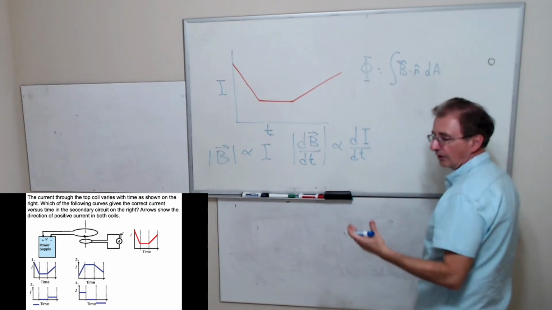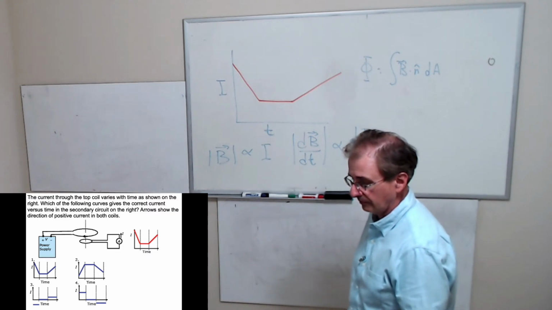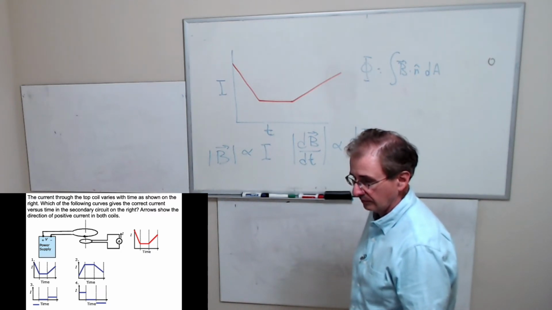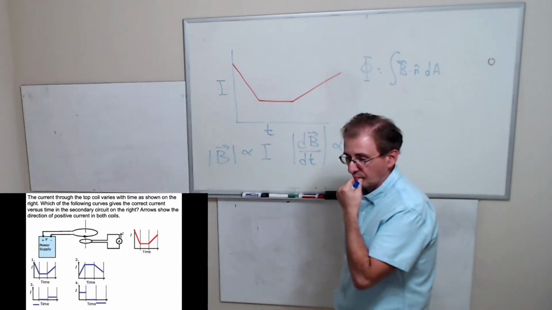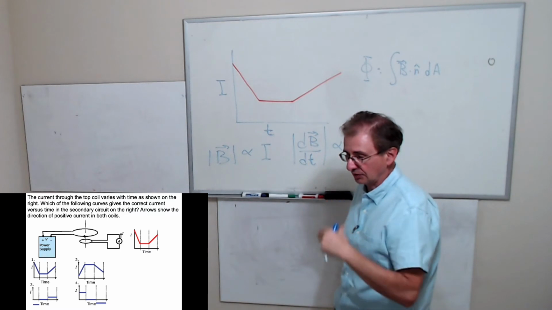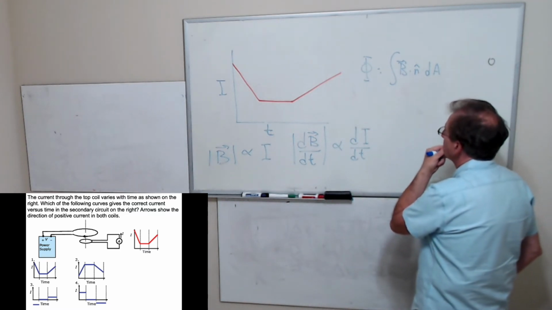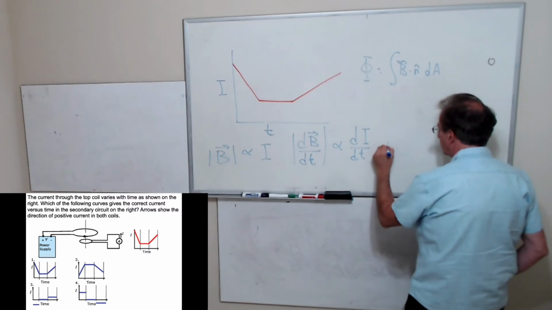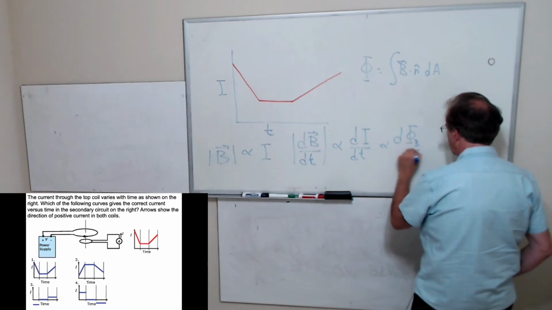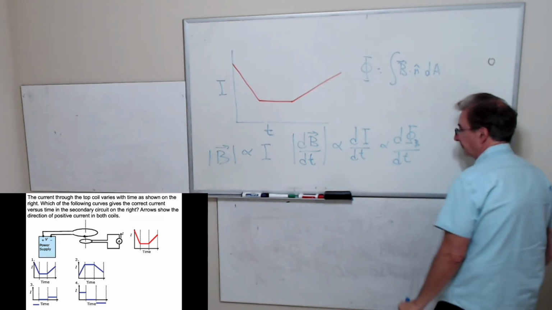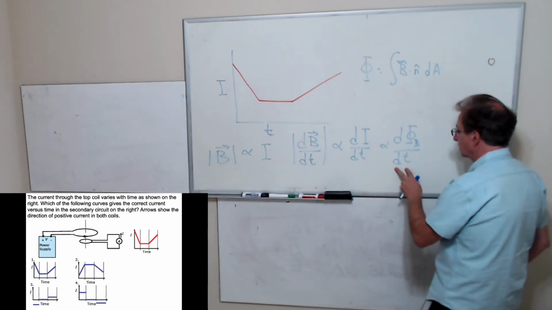B doesn't vary with position in this problem over the loop, because the magnetic field is going to depend on r. So this is also going to be proportional to d phi dt. So however this goes, this will go.